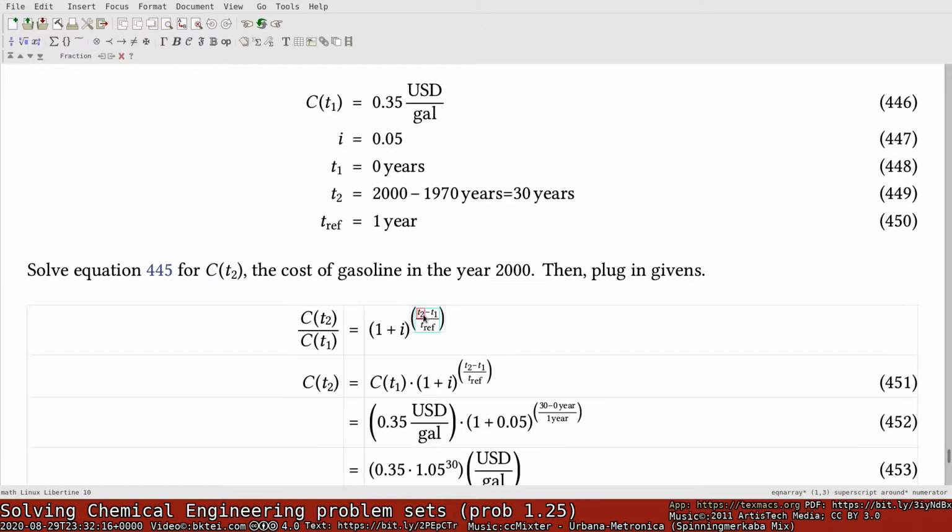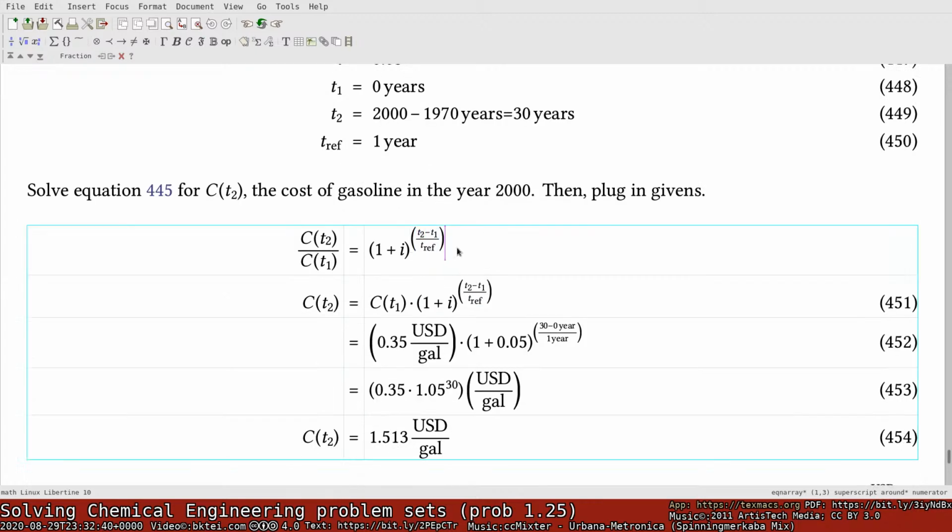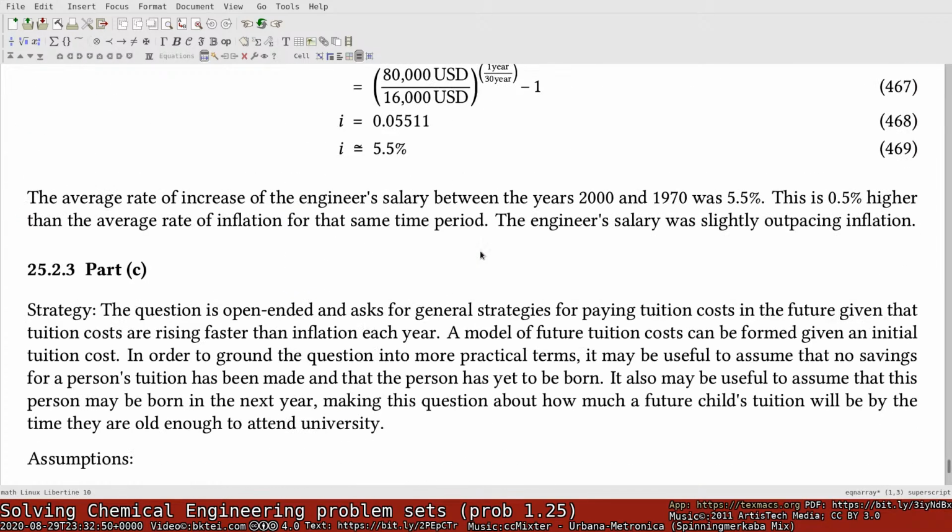I guess if you made that T2 equal just T, and set T1 to 0, it could be done. Then you integrate it and you'd have an analytical solution. But this is not continuous, this is every year. You'd have to find some continuous rate. Nah, let's just do piecemeal. It's good enough.